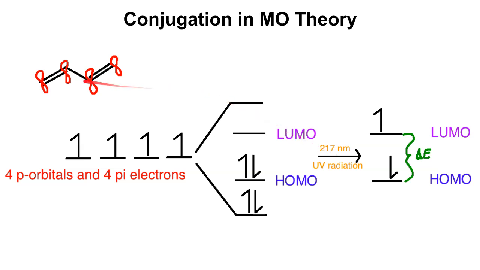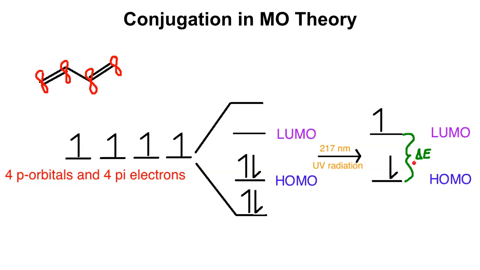So if I were to take this compound and put it into a UV spectrometer, and I set the detector for 217 nanometers, it would be able to use that wavelength, hit the compound in the cuvette, and what I would see is that the HOMO and the LUMO here would have a jump or an electron transition.